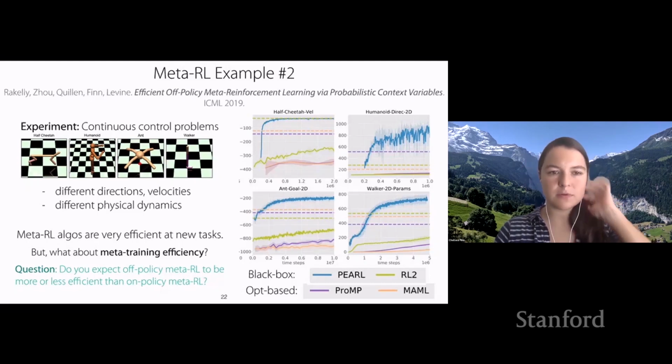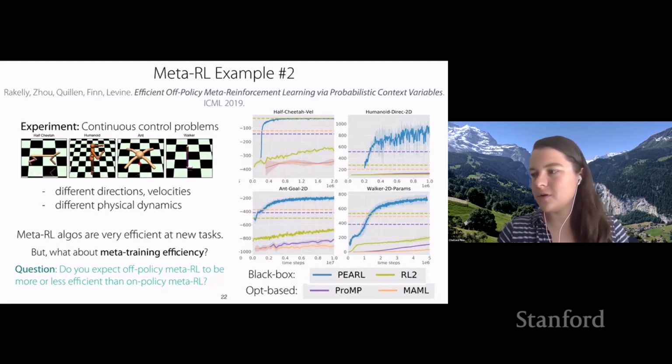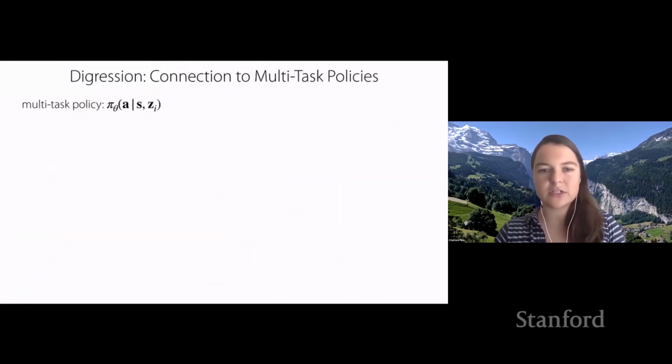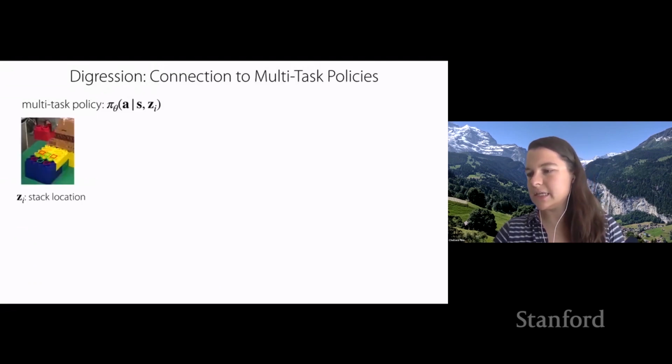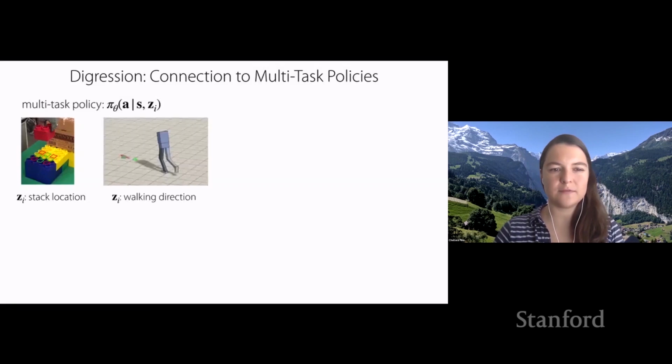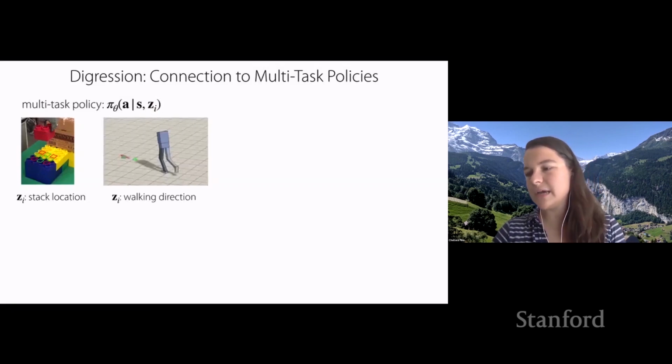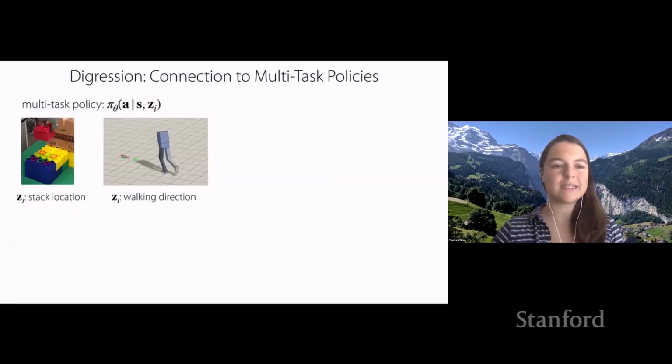Okay, so those are a couple examples of black box meta-RL methods. One quick digression, in relation to multitask policies, is that it's common to do multitask RL where you have some information about the task, like stacking, where to stack a Lego block, or in what direction to walk.